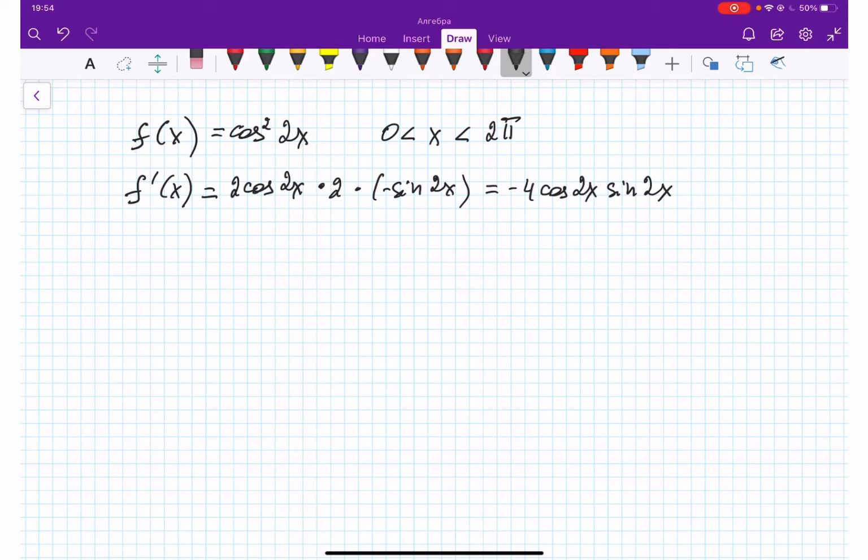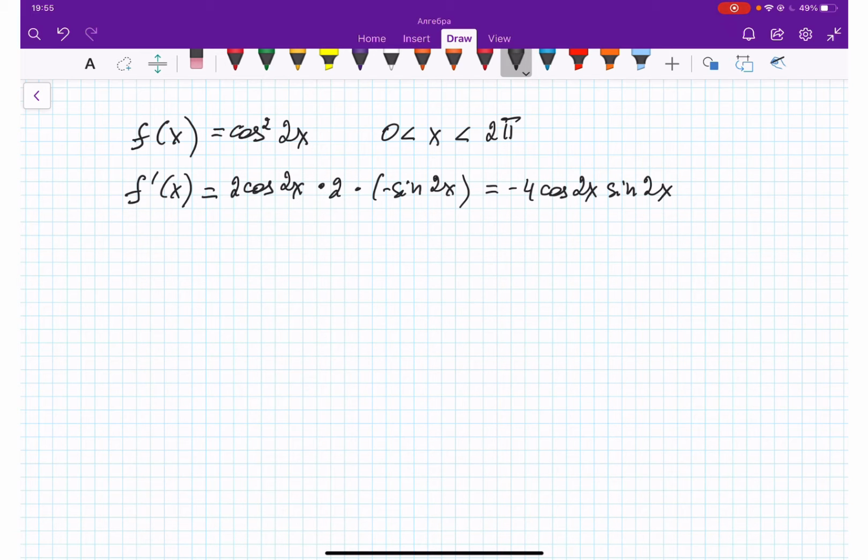Okay, so to be able to determine intervals, we need to find critical points, because intervals are identified by critical points. So what are the critical points for this cosine squared 2x?